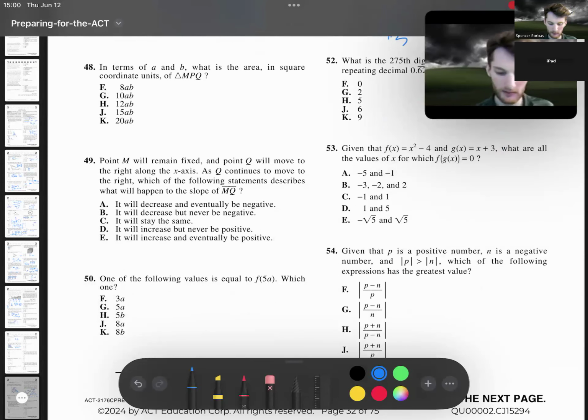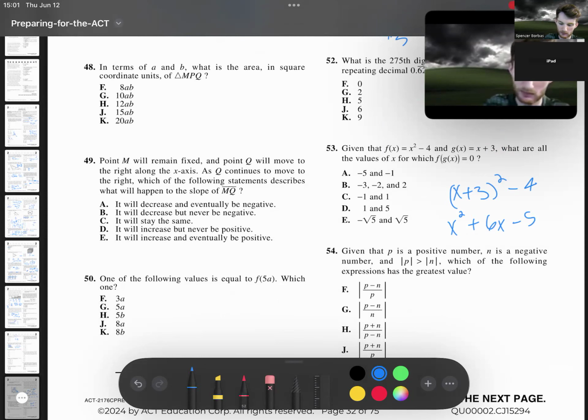Given that, what are the values of x in which f of g of x equals 0? F of g of x. So f of x plus 3 squared minus 4, which is x squared plus 6x plus 5, and so then equals x.